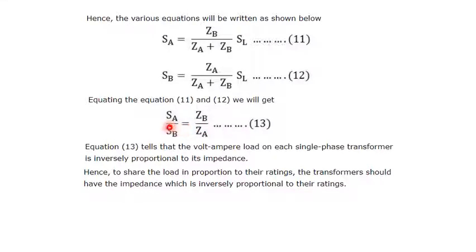Similarly, for transformer B, the volt ampere load is inversely proportional to its impedance, ZB. So this is also one more condition. This condition should be satisfied, and then only we go for the parallel operation of transformers.